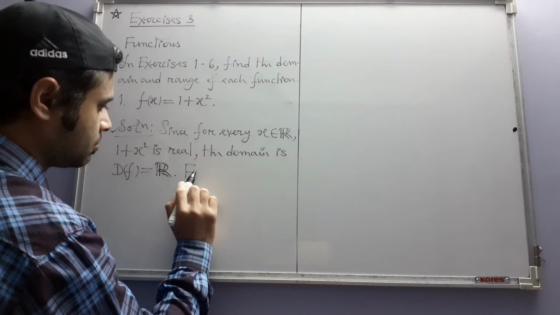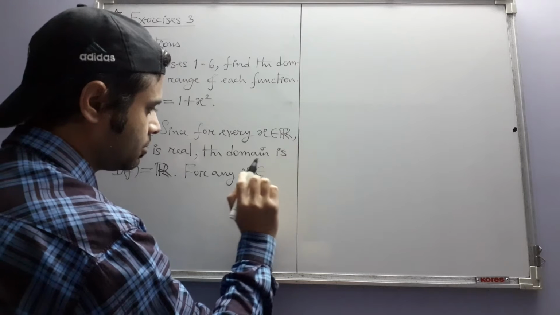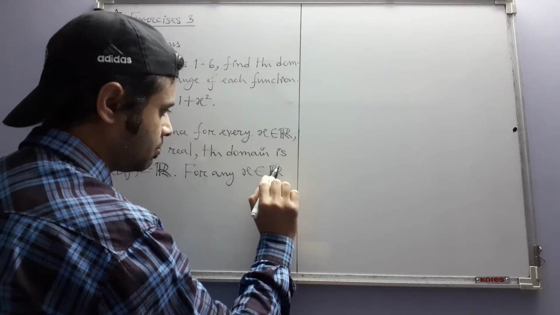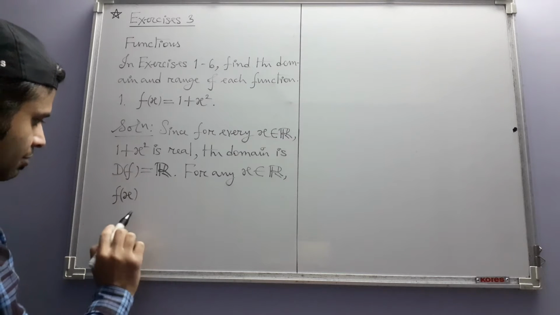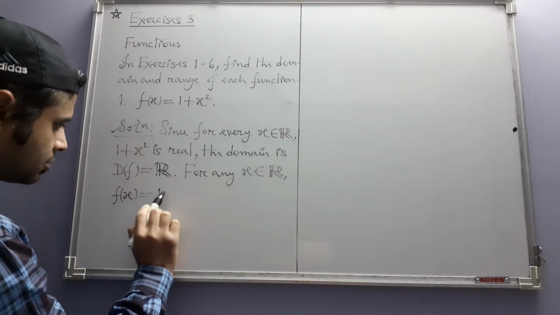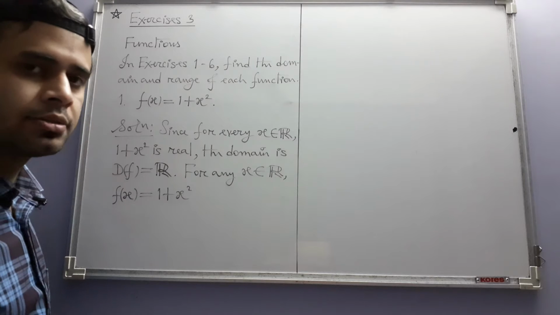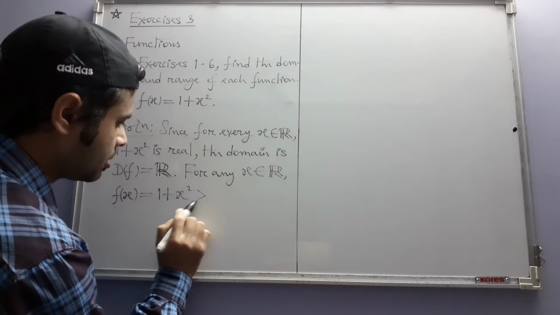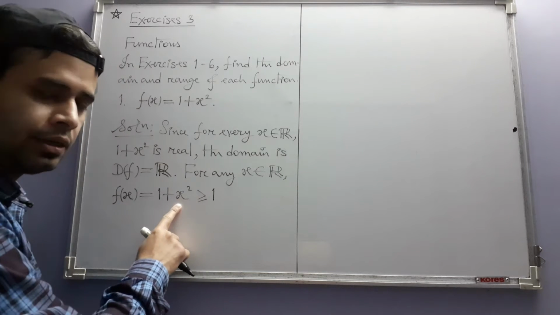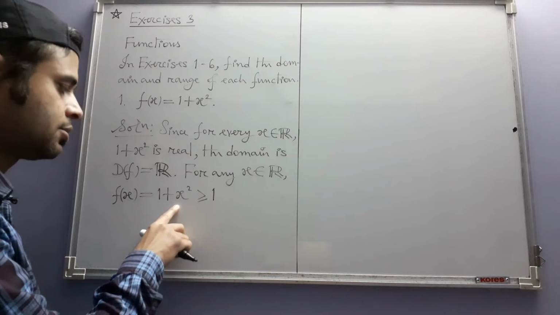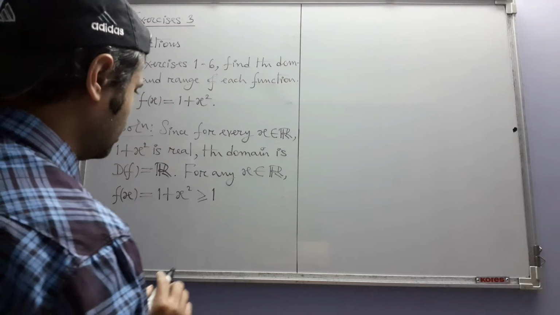For any x belonging to the domain which is R, f of x equal to 1 plus x square. Since x square is non-negative, 1 plus x square is greater than or equal to 1. It will be equal to 1 only when x is 0. For other values of x, whether positive or negative, this will always be strictly greater than 1.